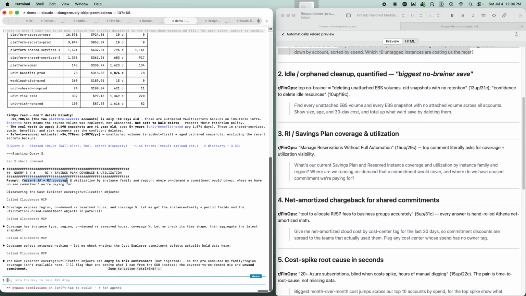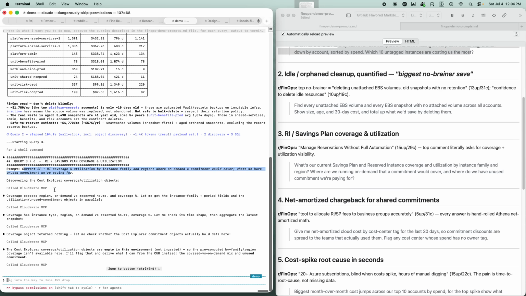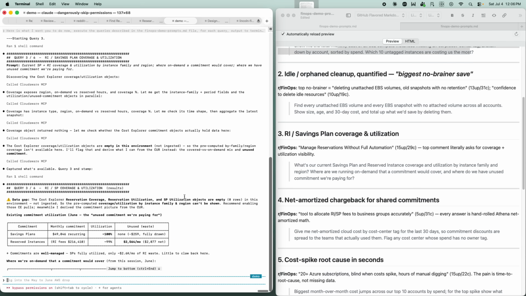Current SP and RI coverage and utilization by instance family and region, where on-demand commitment would cover, and where we have unused commitments we are paying for. And by the way, the previous request took a little over a minute and a half, and needed 2 discovery calls and 3 MCP calls.